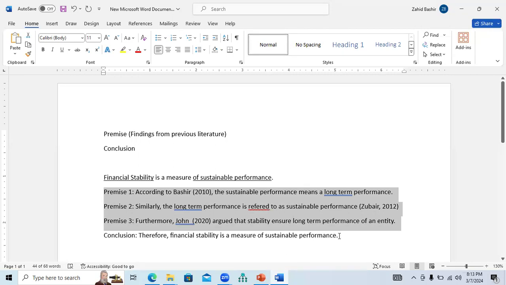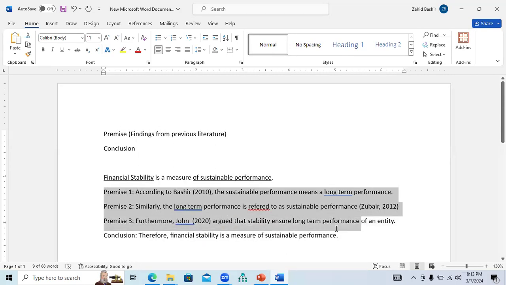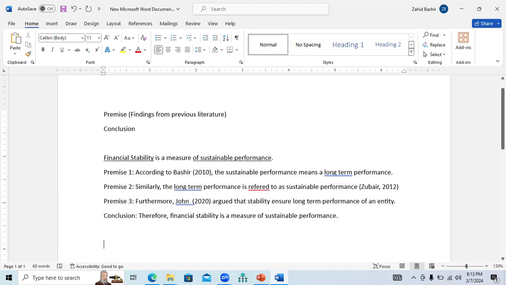So this is what I was concluding from the previous one. So this has become my argument. I can arrange it as an argument. Financial stability is actually sustainable performance.